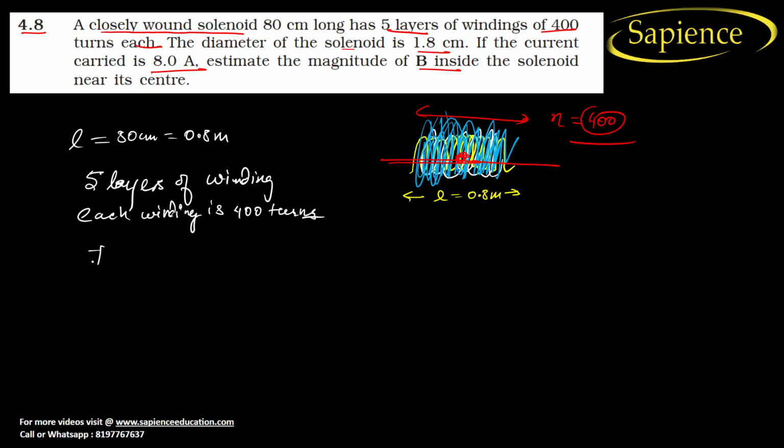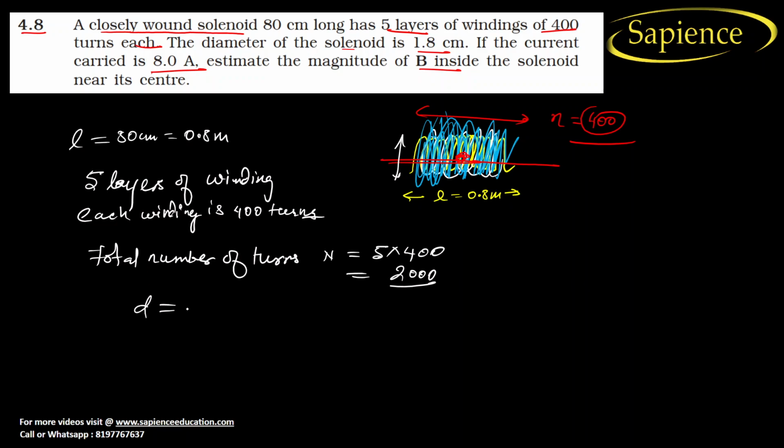Now the total number of turns will be 5 into 400, so this will be 2000 turns, right? Now the diameter of the solenoid they have provided is 1.8 centimeter or 0.018 meter, right?